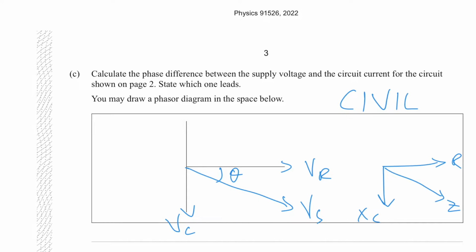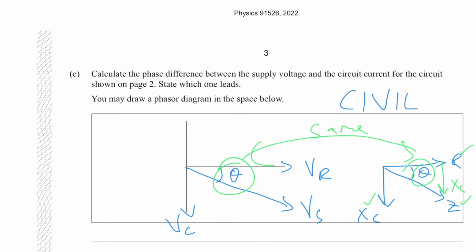So we know XC, Z, and R. That angle between XC, Z, and R is going to be equal to this angle here. Those two angles are the same. That means we can do that calculation because we've got R, we've got XC, which is down there, and we've got Z, so it's no problem.